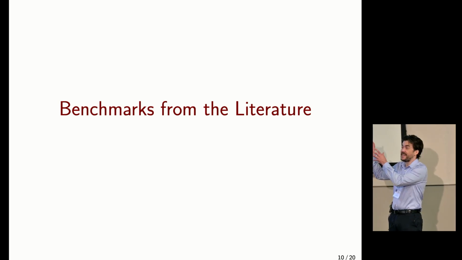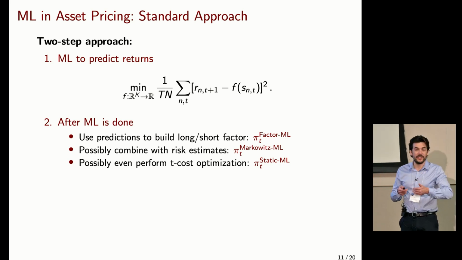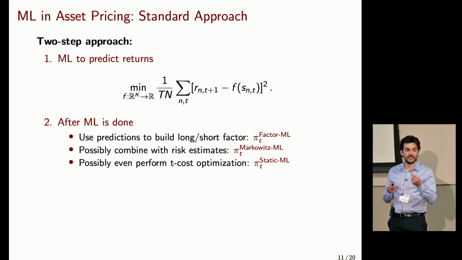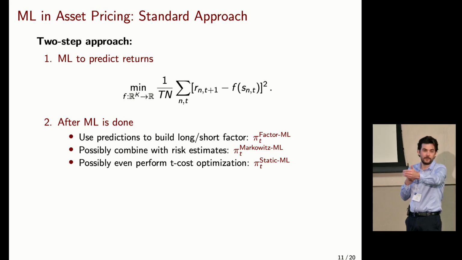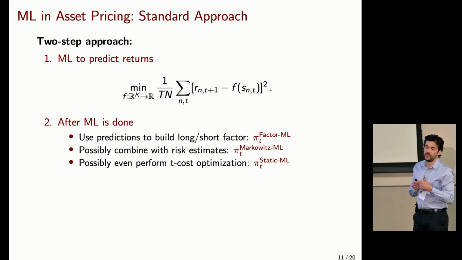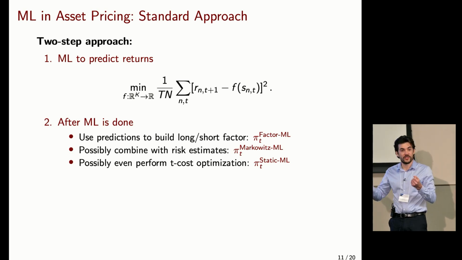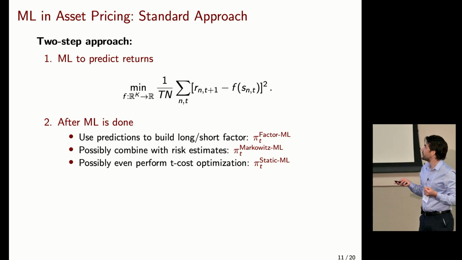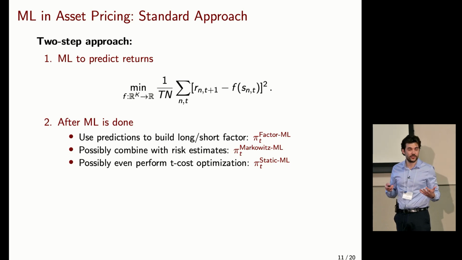Now, we're going to compare our dynamic solution to various benchmarks from the literature. And to do that, we need to take a two-step approach. First, we need to find a machine learning model to predict returns over the next period. Then we're going to use that machine learning prediction in 3 different ways. The first one is just to use these predictions to produce a long-short portfolio. We'll call that factor ML. Second, we're going to also use information from a covariance matrix estimate to build what we call Markowitz ML.